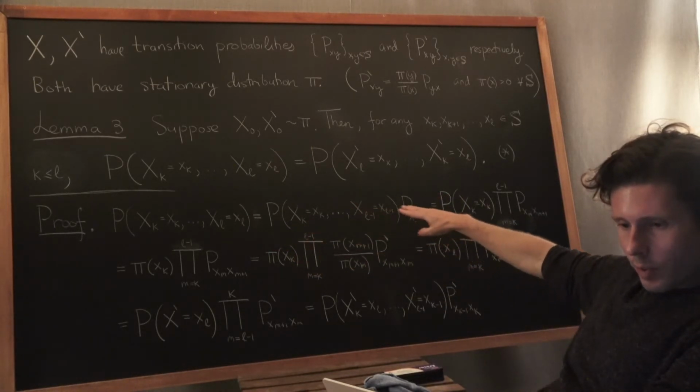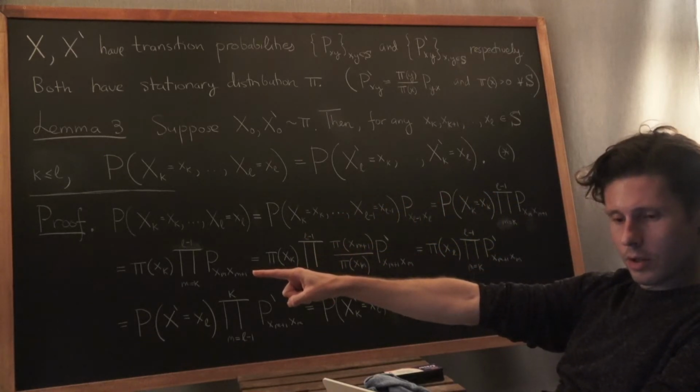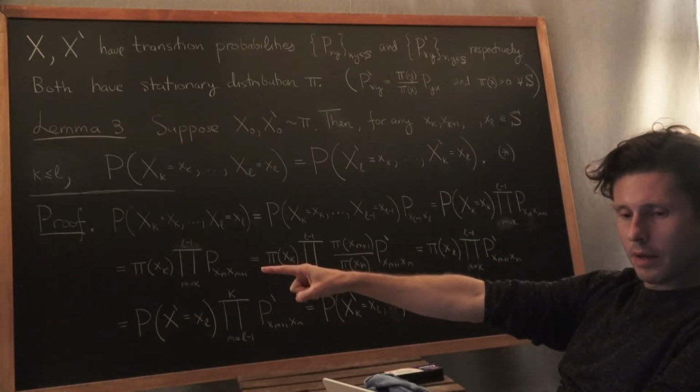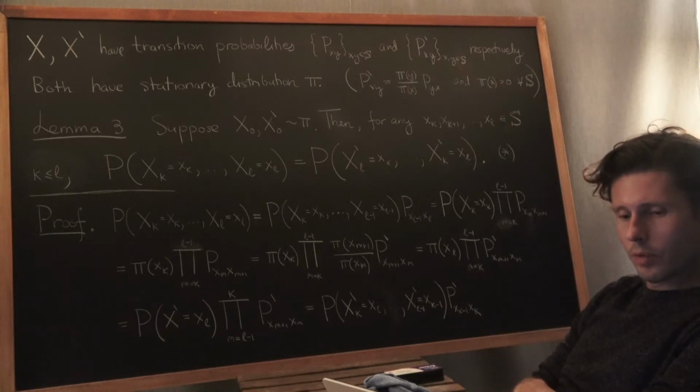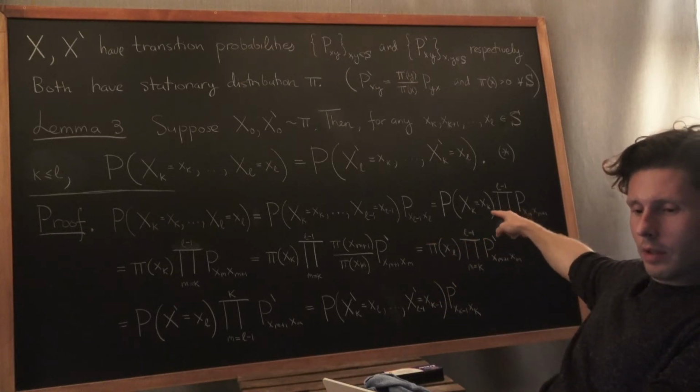So hopefully this part is clear, and this one right here should follow directly from what we had in a lecture, where we proved that a chain that starts in its stationary distribution always remains in its stationary distribution. And that's exactly what the next line says.